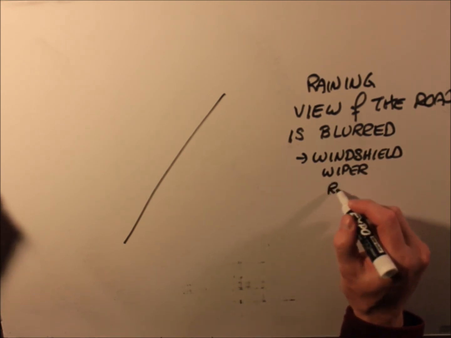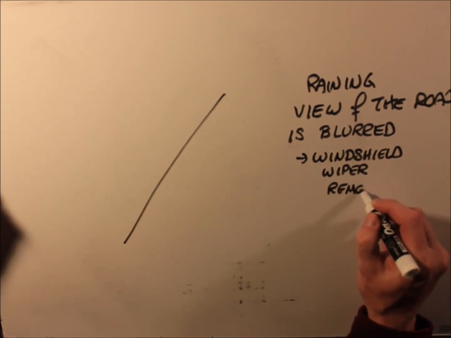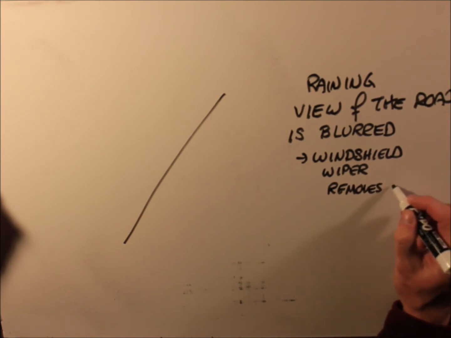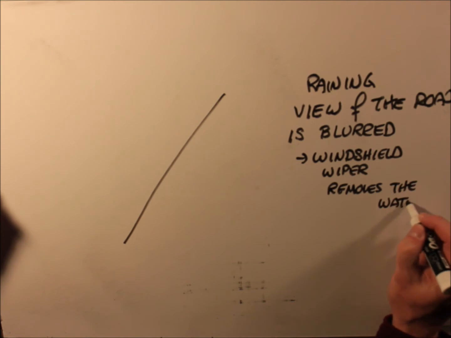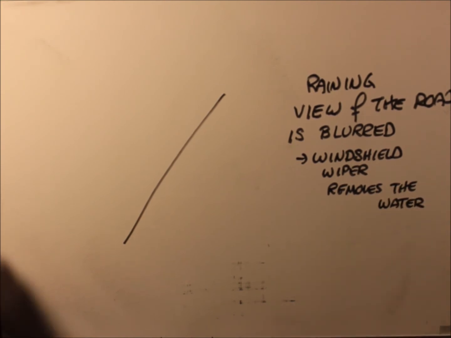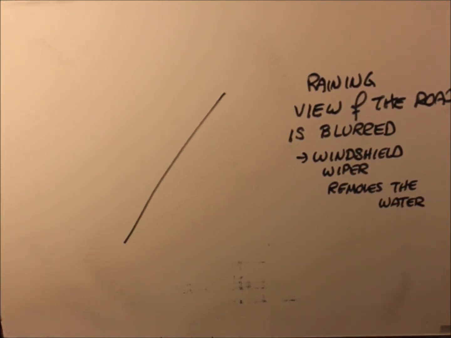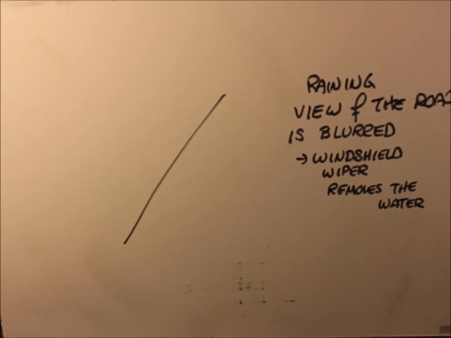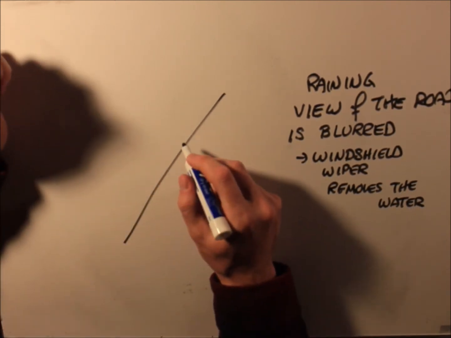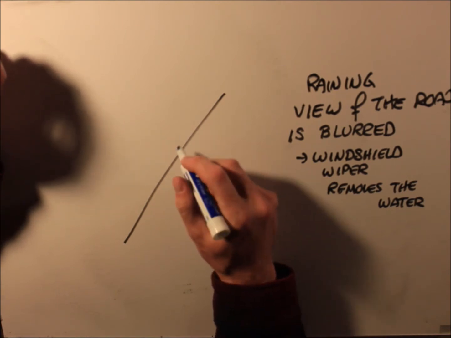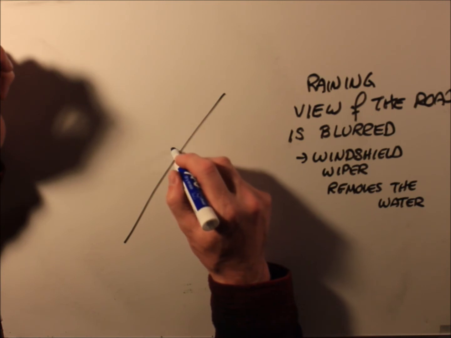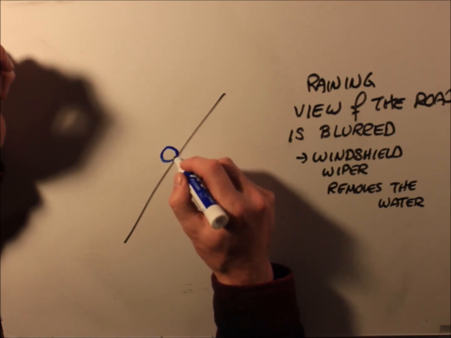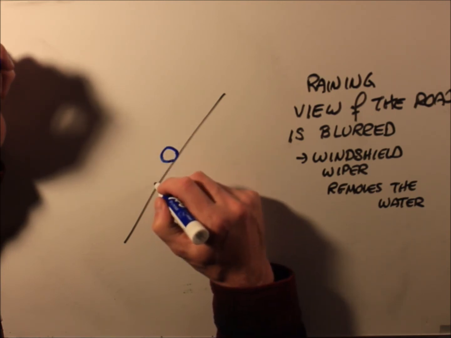It removes the water. But let's look at why this is necessary. Water's a fluid, it's just going to run off your window anyway. What's the point? In most vehicles, the windshield has sufficient slant to it and you're not going fast enough that the water forms little balls, little beads, like so.